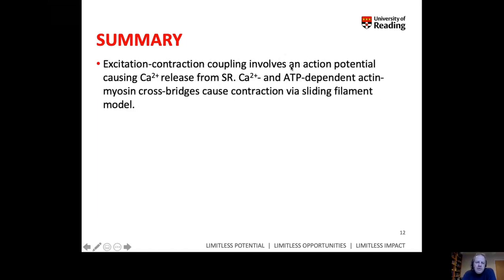This coupling involves coupling nerve inputs through the action potential and calcium and ATP dependent processes, particularly the sliding filament model, which you should be aware of, and why these cross bridges are important in allowing the sliding filament model to dictate muscle contraction.